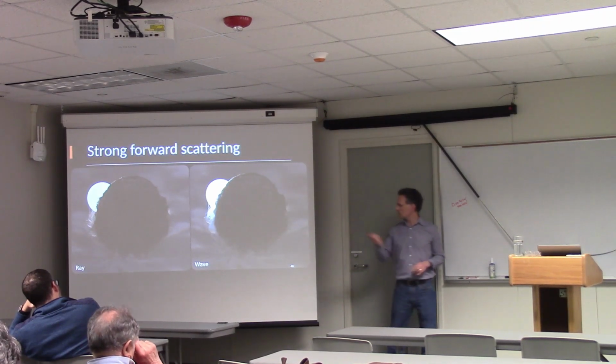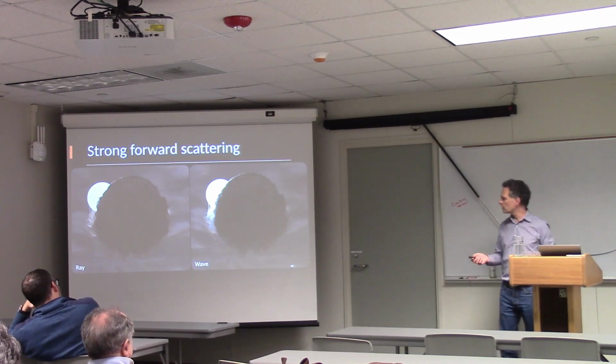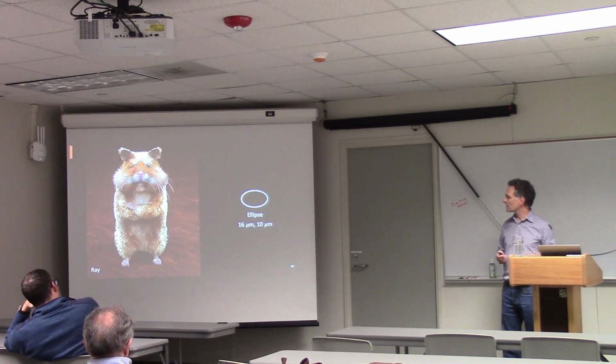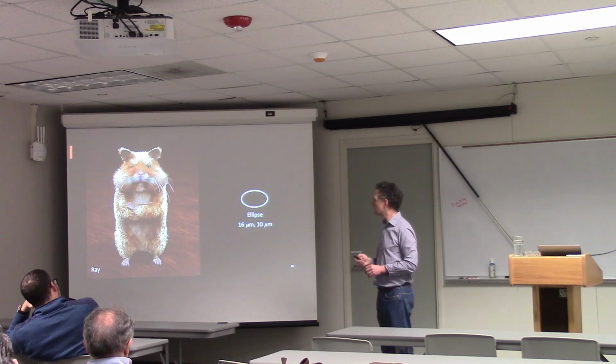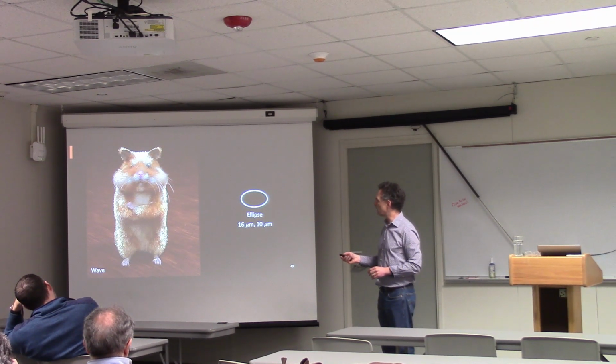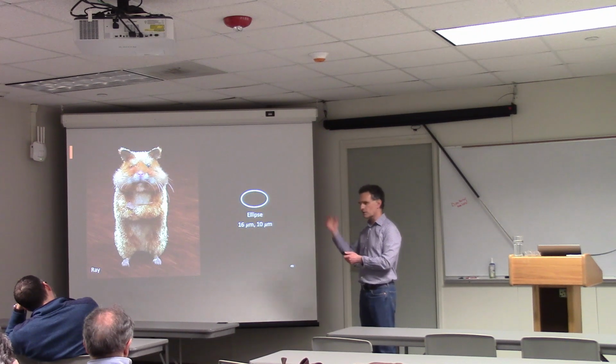So in backlit configurations, things look a lot brighter, like here. And then if you look at a big massive fur, like this critter here, if we render this with a ray versus wave model, you can see a difference that I would summarize as: the direct reflections are pretty similar.